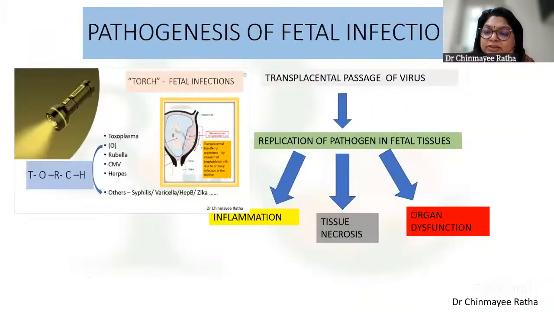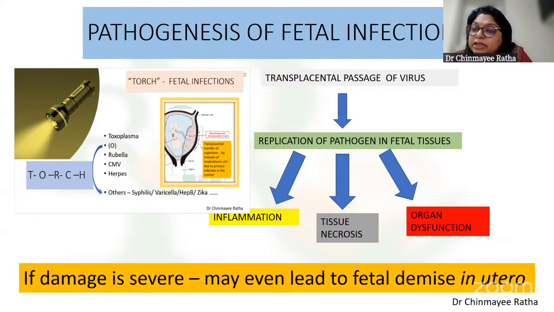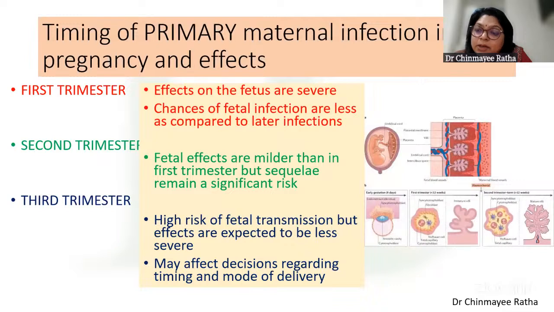So the pathogenesis of these infections is that whenever the particular virus or parasite reaches the fetal tissues, there will be replication of the parasite there, and that leads to inflammation, tissue necrosis, and finally organ dysfunction. If multiple organs are involved, you may also have fetal demise in utero. So there could be growth restriction, there could be fetal demise, there could be polyhydramnios, there could be oligohydramnios. So everything is possible with fetal infection.